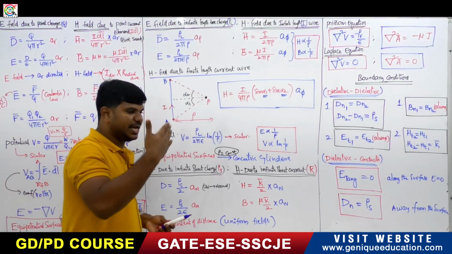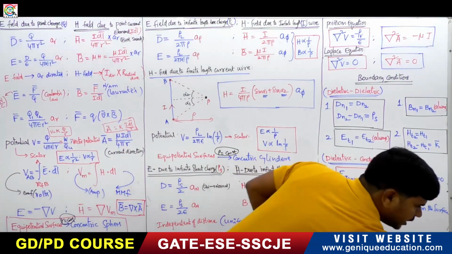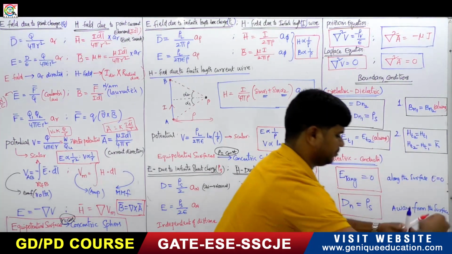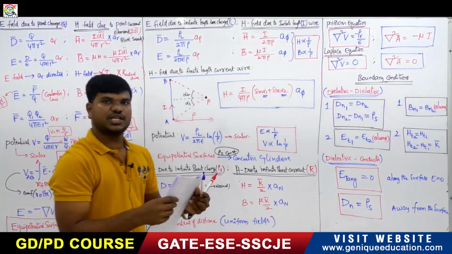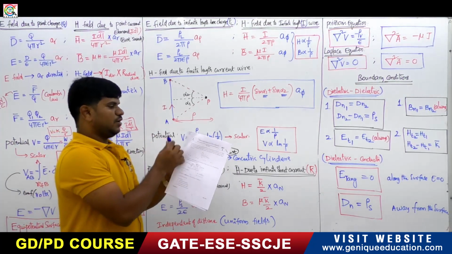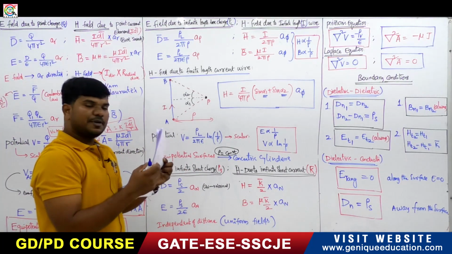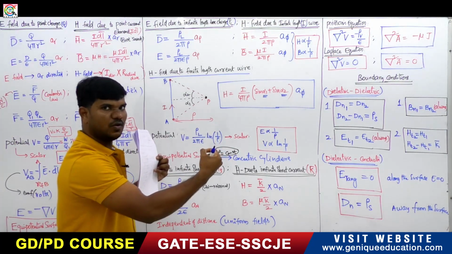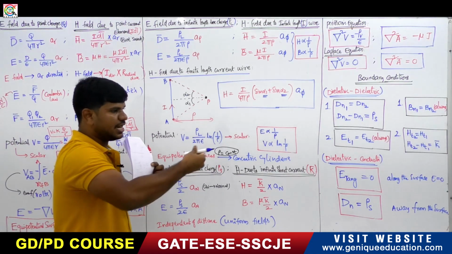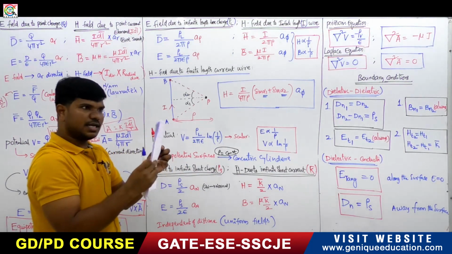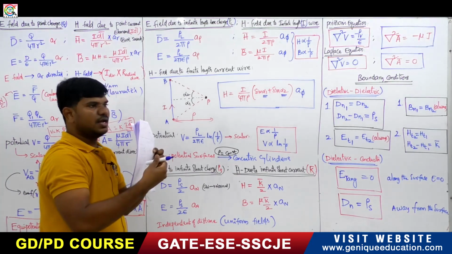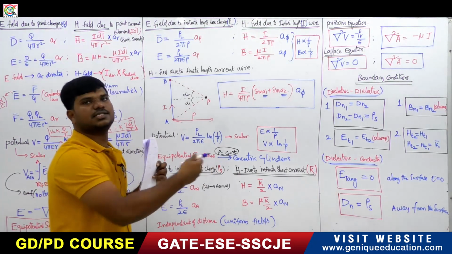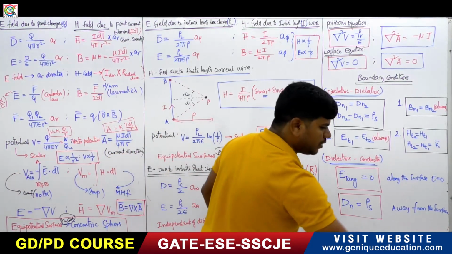Suppose you take any sheet here, and want to find the field intensity at any point; the normal direction will be the direction crossing this surface. So this is the point you have to identify.